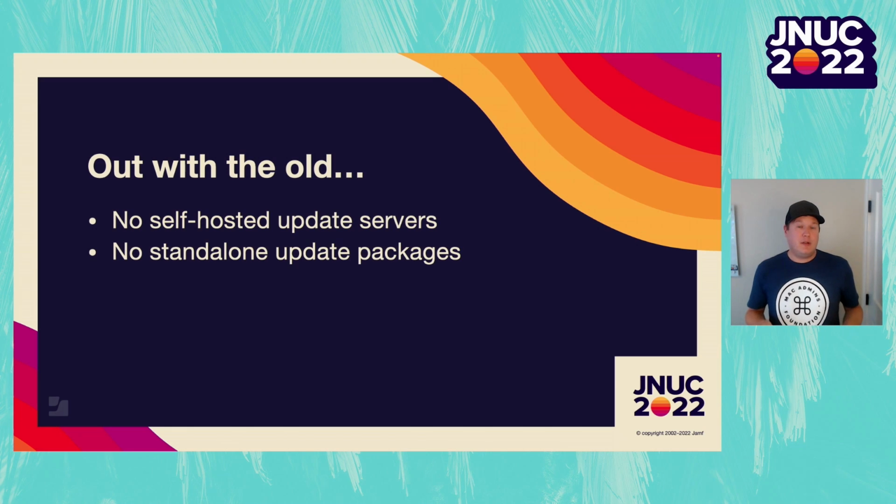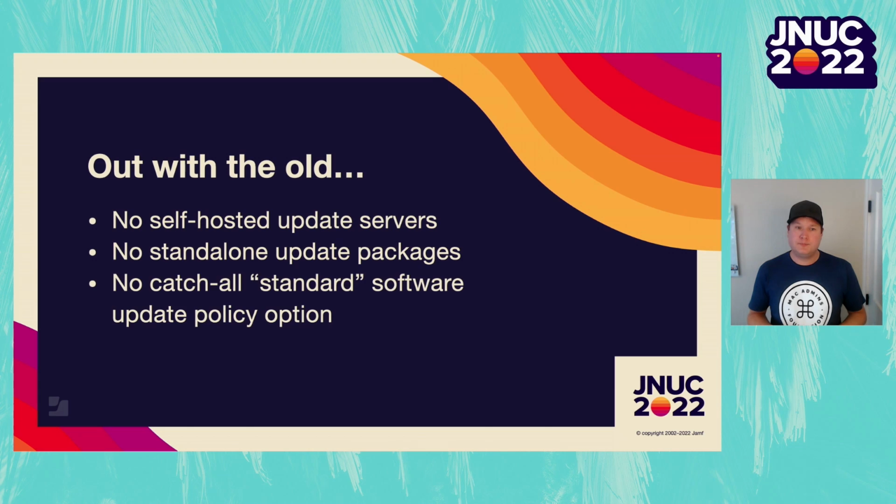There's also no standalone software update packages, so no Delta or combo updaters available to deploy when you want to. No longer is it possible to necessarily use the software update framework as a standard catch-all method as well to install any available update via a policy.